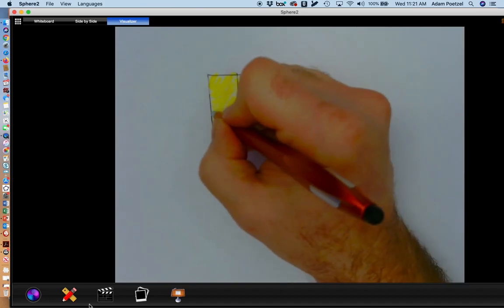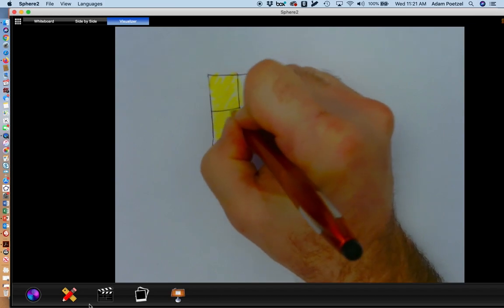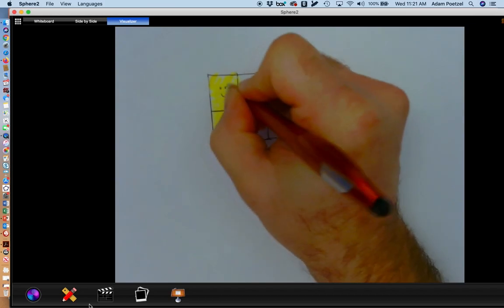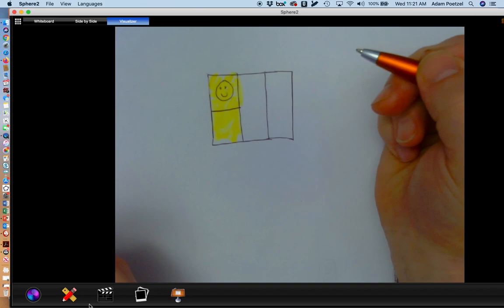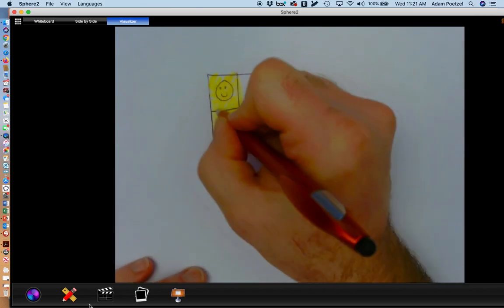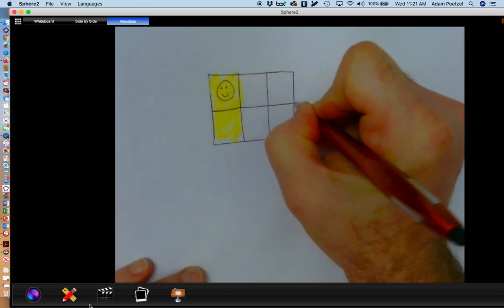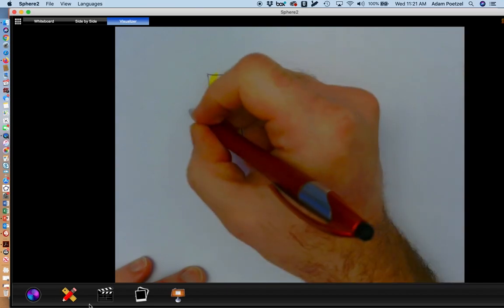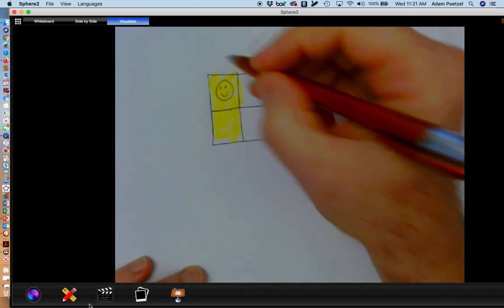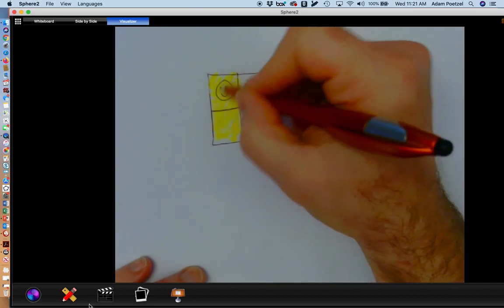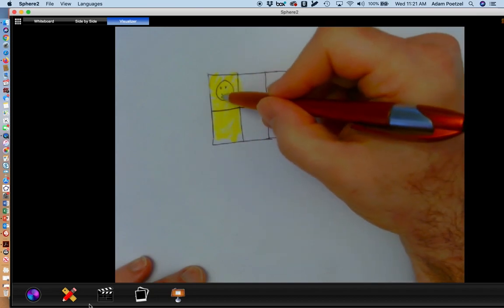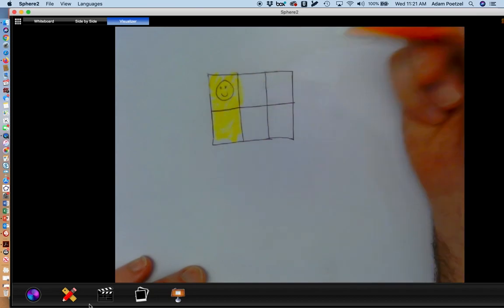If I ate half the leftovers, you can imagine that would be like me eating that piece right there, right? And if I want, I could even draw a line across, that's fine too. It just helps imagine what it would look like if the whole pan was there. But basically, we can see that of the whole pan, I would have had 1 out of those 6 equal pieces.